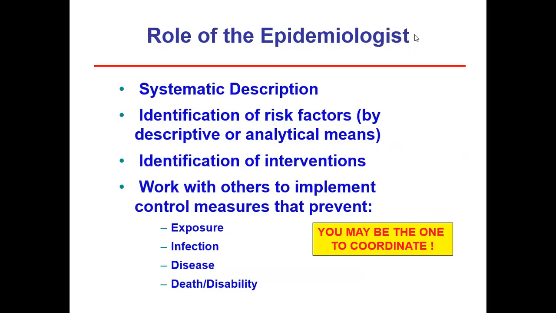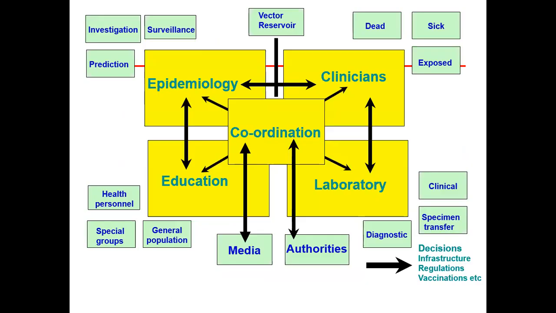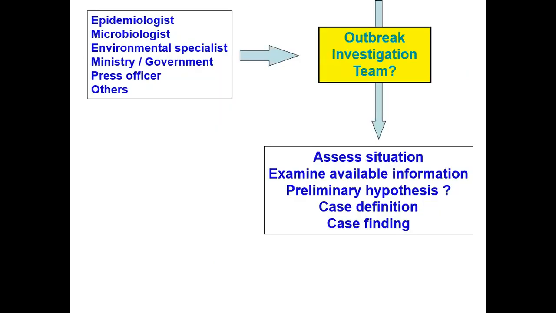Each of them has their roles. You actually may be the one being called on sometime in the future to lead the team and to coordinate. You need to know what the roles are of the various team members in that group. I won't take you through each of them one after the other, but just know there's a multidisciplinary team and each person has their role.